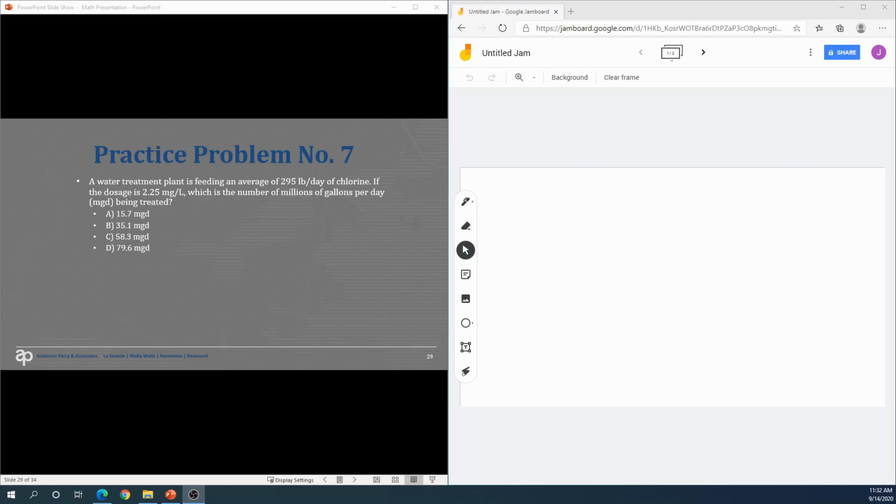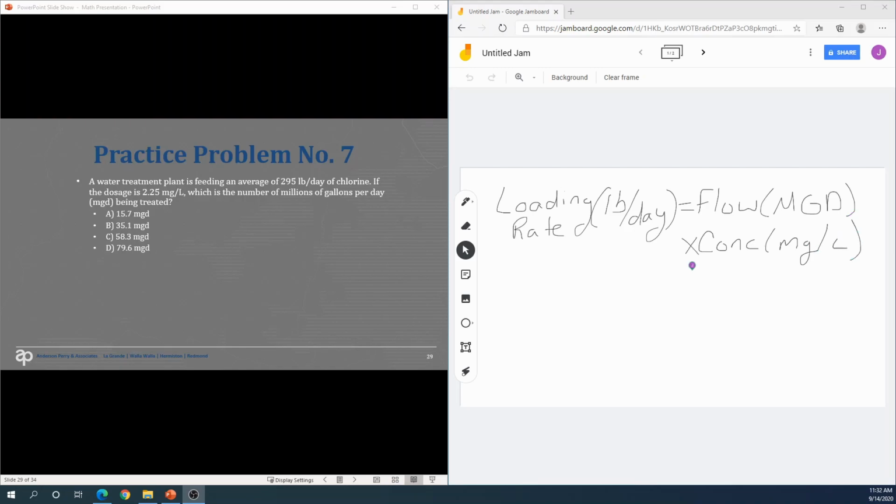So let's go back to our equation, which is loading rate in pounds per day is equal to flow in million gallons per day times our concentration in milligrams per liter times 8.34 pounds per gallon.